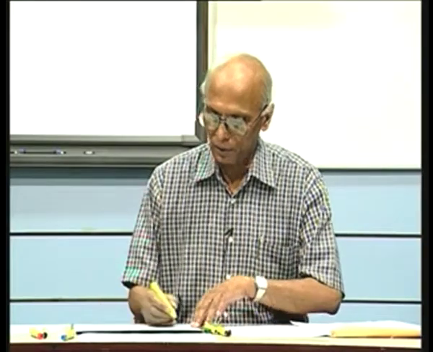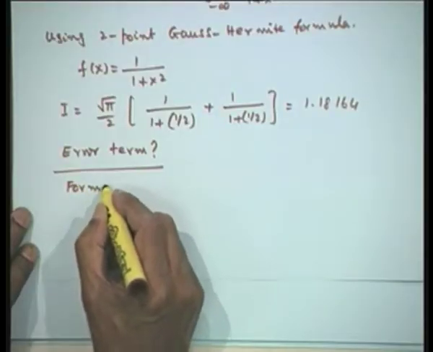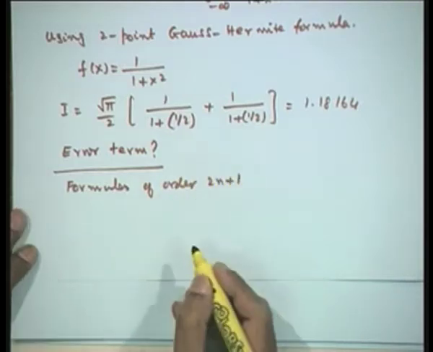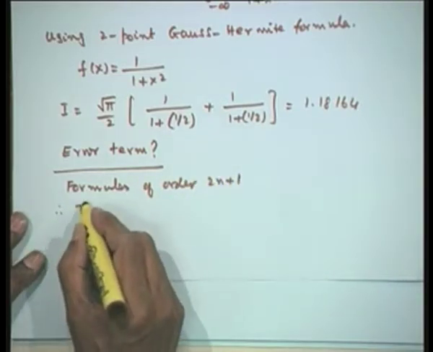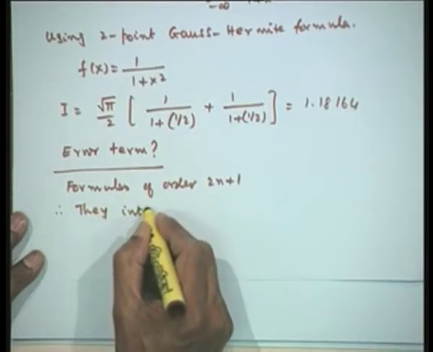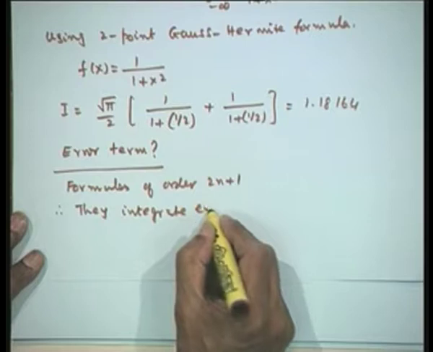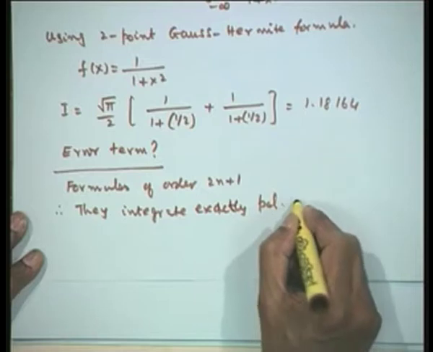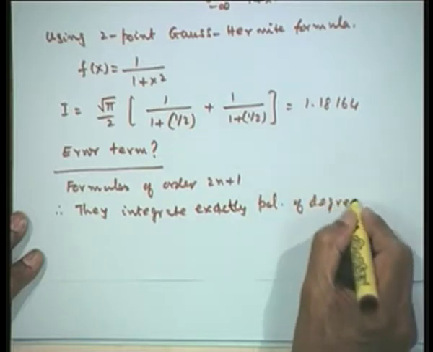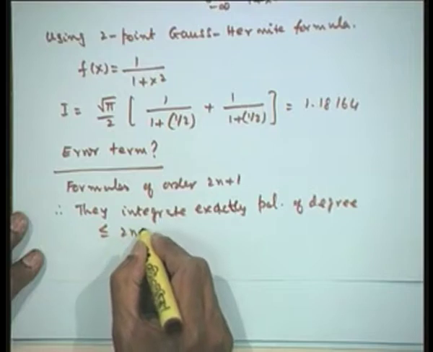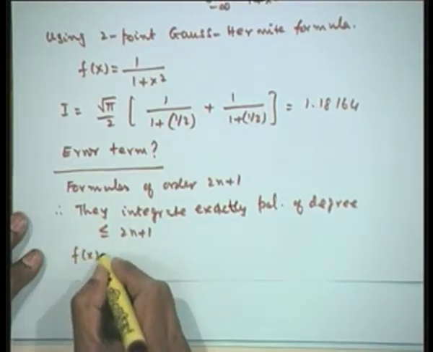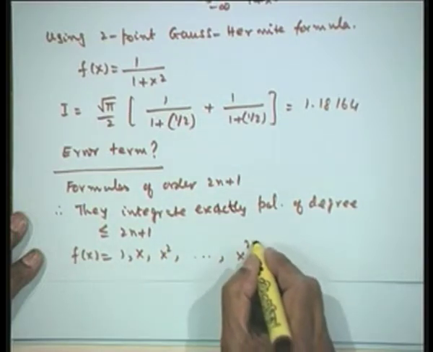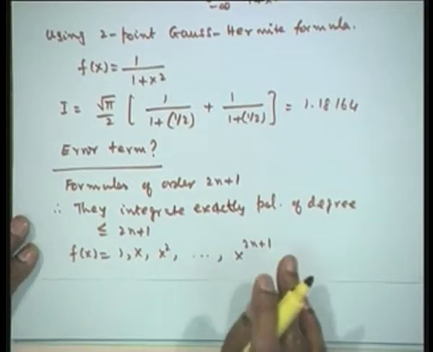Now, as I said, these are formulas of order 2n plus 1. Therefore, they integrate exactly polynomials of degree less than or equal to 2n plus 1. That means, if I take f(x) equal to 1, x squared, and so on up to x to the power of 2n plus 1, then these formulas will integrate exactly.